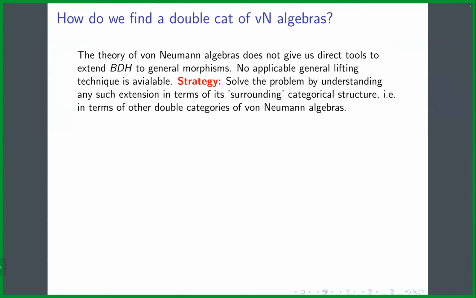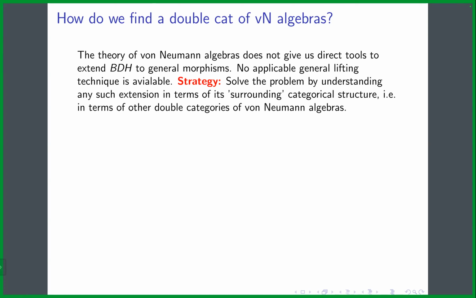Now, the strategy I tried to follow was to solve the problem by understanding any extension. I wanted a specific extension of BDH: a double category of von Neumann algebras, general or factors bimodules, and equivariant intertwiners with respect to general morphisms between factors.